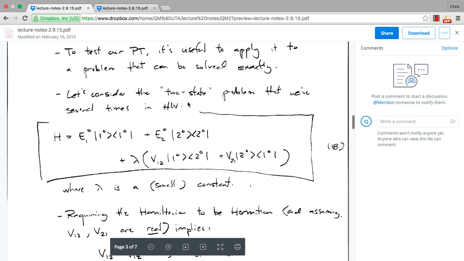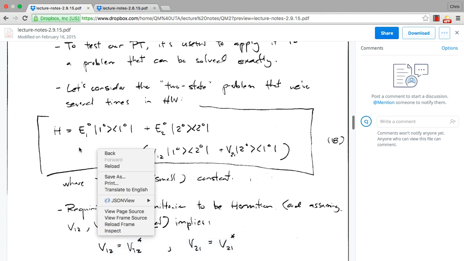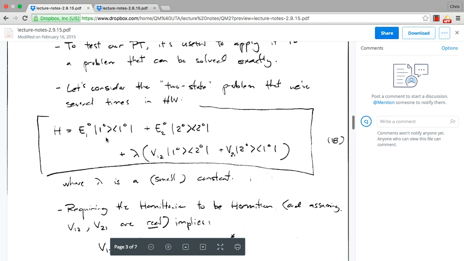So this is the so-called two-state problem. You have two states that we call 1 and 2, and we've written the Hamiltonian here in terms of the unperturbed kets. So we have two diagonal terms, this guy's going to give me a diagonal term, and this guy's going to give me a diagonal term.